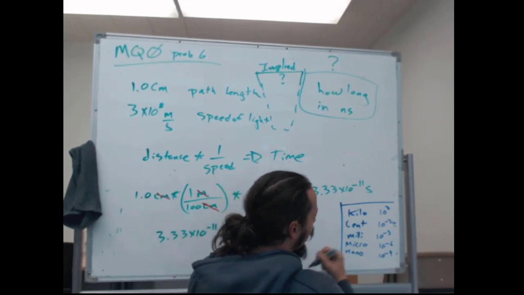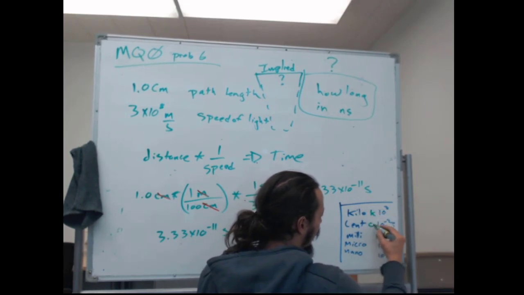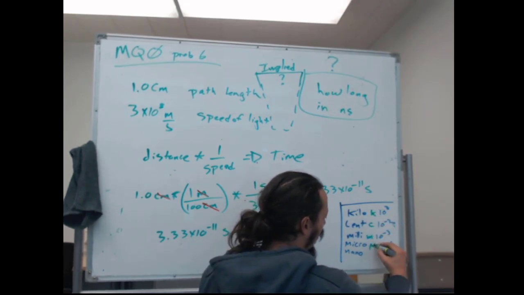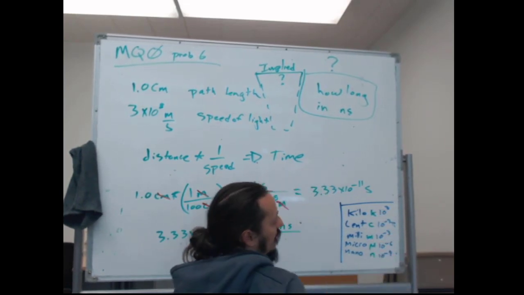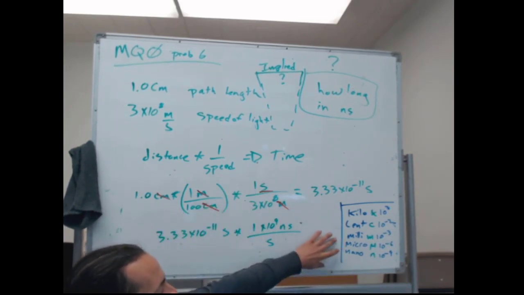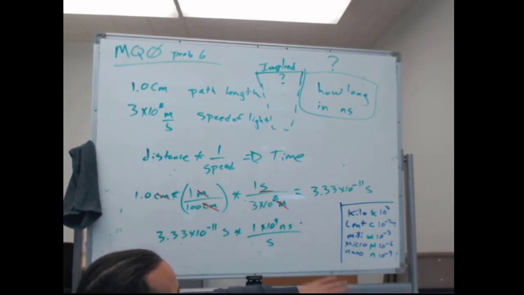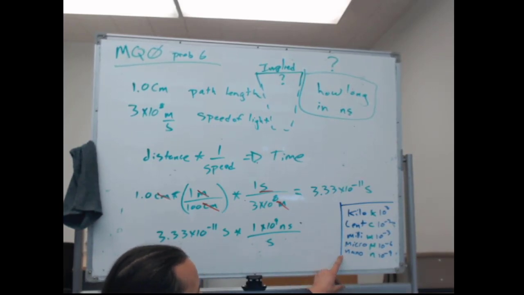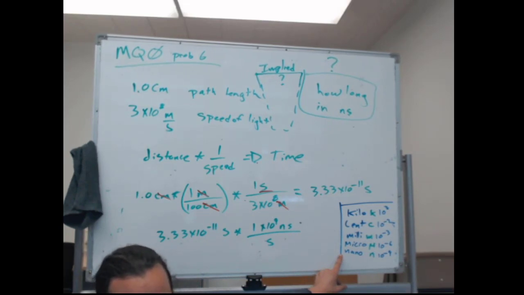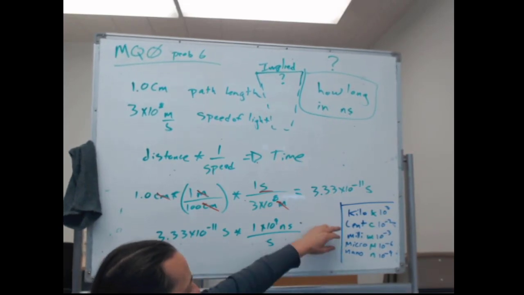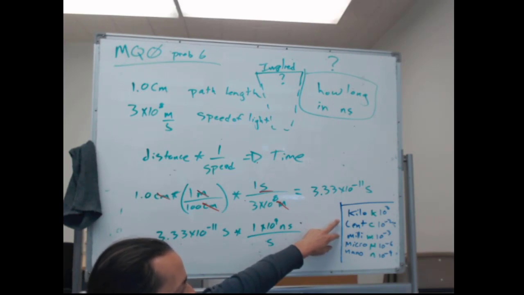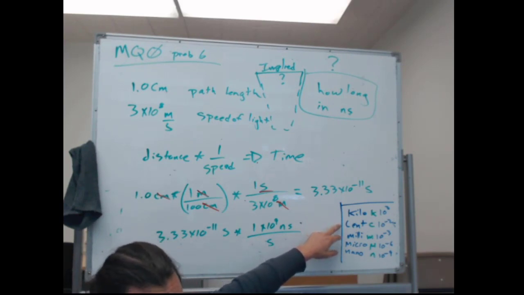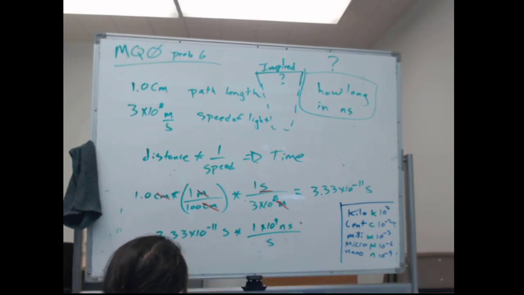The letters we use for each one are K, C, M, Greek letter mu, and N. Nano is really handy when we're looking at light. Micro is something that we use when we're looking at concentrations of dyes in water. It comes up a couple other places as well. Kilo, centi, and milli, those are ones that come up pretty often when we're looking at measurements in laboratory settings.